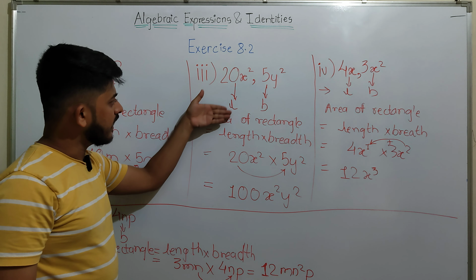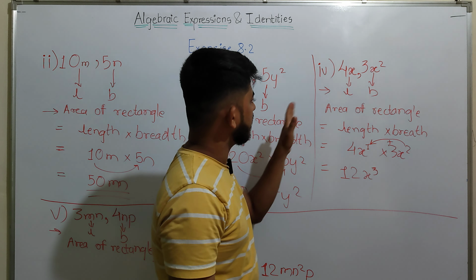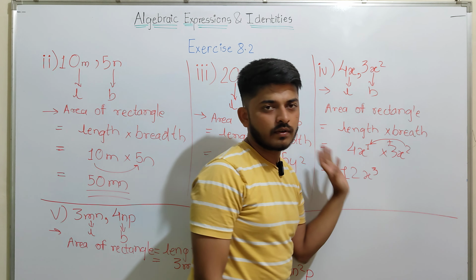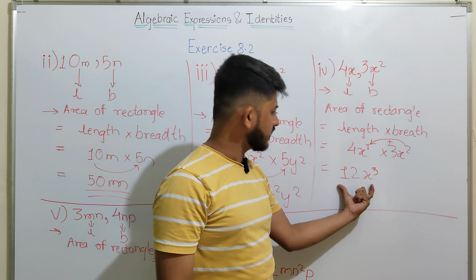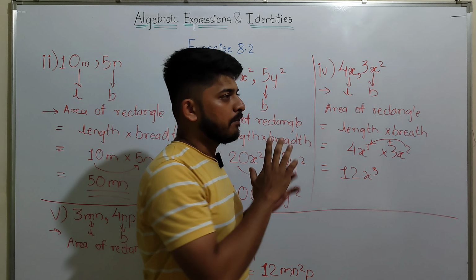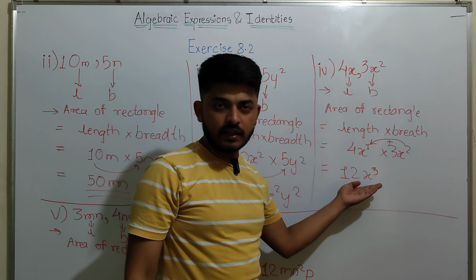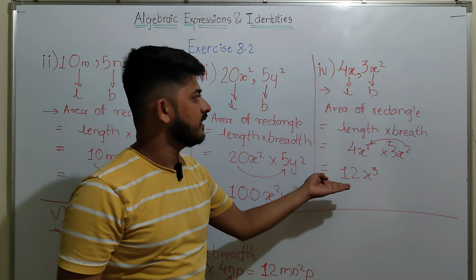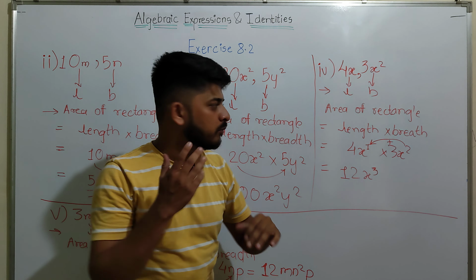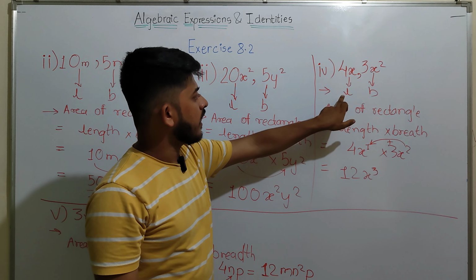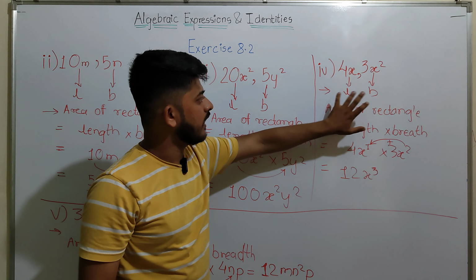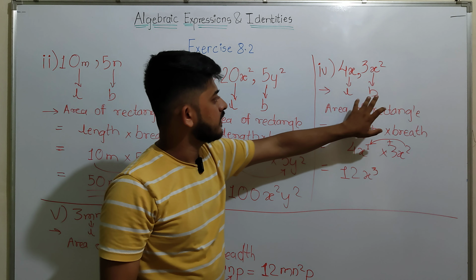I have written area of rectangle equals length into breadth, and taken this one and this one. I could have told you the main concept and written the answers directly, but you have to understand each and everything. By practicing more and more, you'll get this. That's why I have written this, so that you should not get confused.